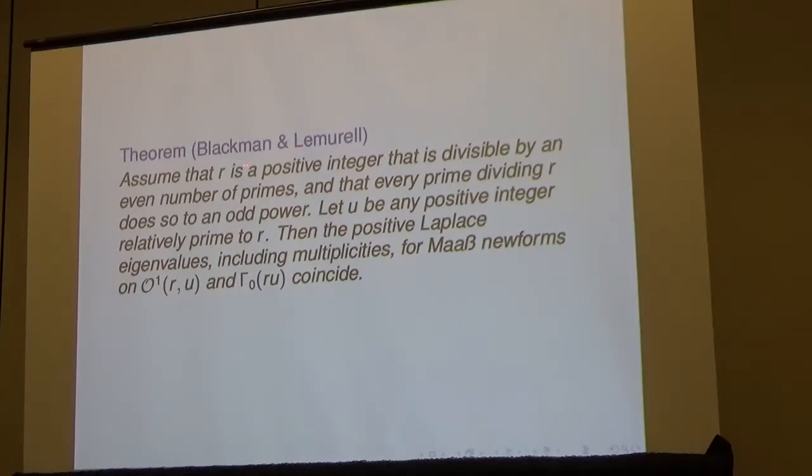So the last, there are some broad changes, and we were able to establish that if we take r to be a positive integer that is divisible by an even number of primes, and every prime dividing r does so to an odd power, and take u to be a positive integer relatively prime to r, then the positive Laplace eigenvalues, including multiplicities, for Maass forms on O1 RU and gamma 0 RU also coincide.